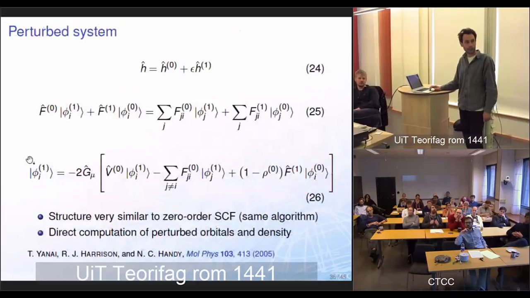Here again you have the perturbed orbital, so the variation of the orbital, the Green's function, the potential applied to the perturbation, the Fock matrix applied to the perturbations, plus one term that contains the perturbed Fock matrix. So you have this extra third term that otherwise wouldn't appear. And this is exactly what you code. There's nothing else, in a sense.